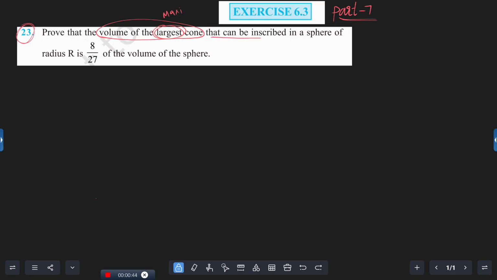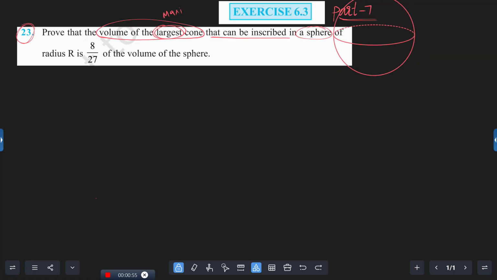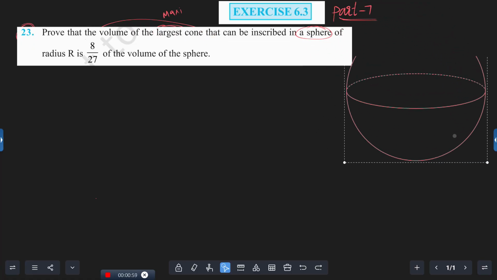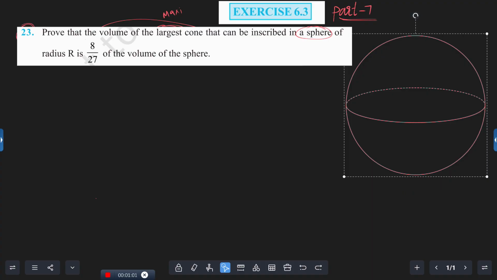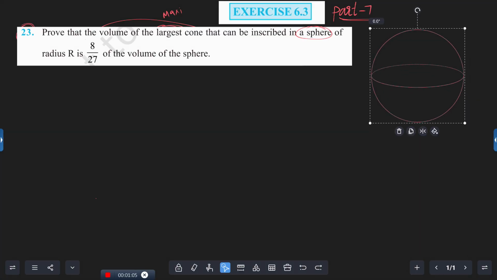That can be inscribed in a sphere. Okay. That cone can be inscribed in a sphere, it seems. So that sphere you have to draw. There is a sphere we have. In the sphere there is a what? Cone.